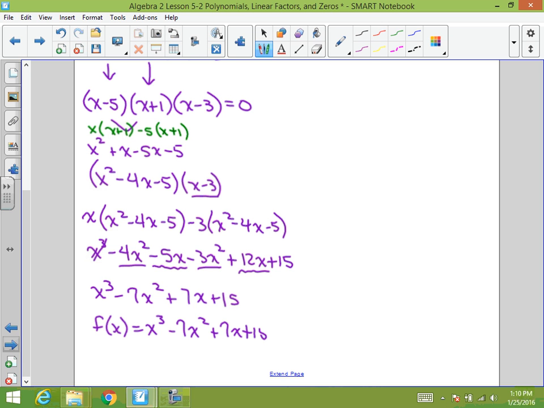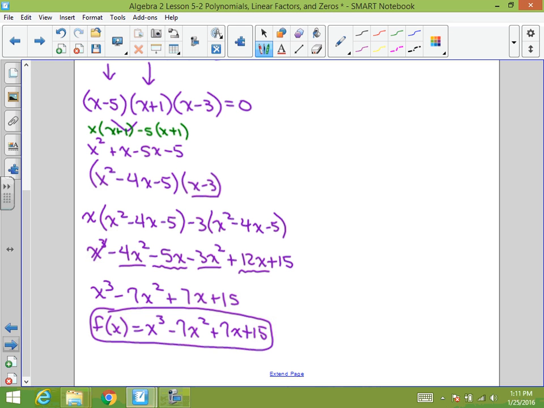Now, if you have the TI Inspire, it has a nifty little feature that the 84 does not have. You can actually multiply using the TI Inspire. Do remember, I'm going to make you do this by hand, so having the TI Inspire is just a great way to check your answers.